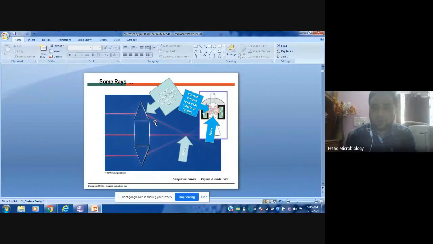From glass, now it is moving to the air, or in that case, water. The refractive index of glass is different, the refractive index of air is different, and the refractive index of water is different. So when the rays pass from one refractive index to another, they bend over there.